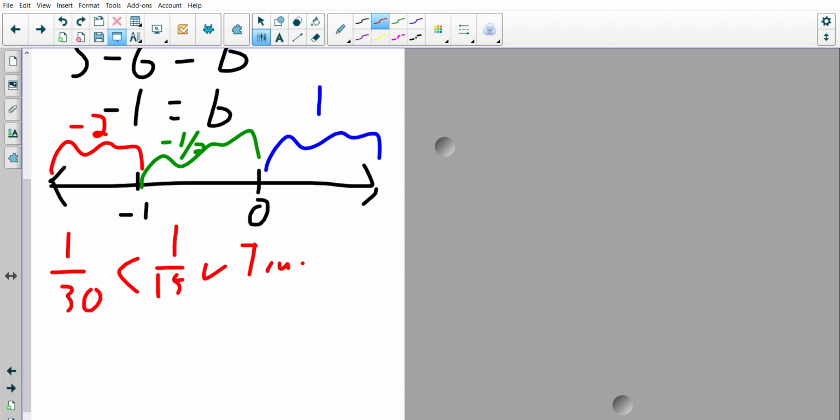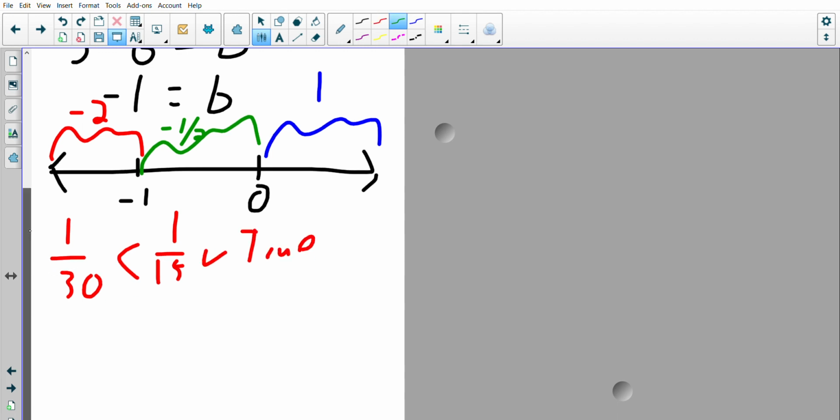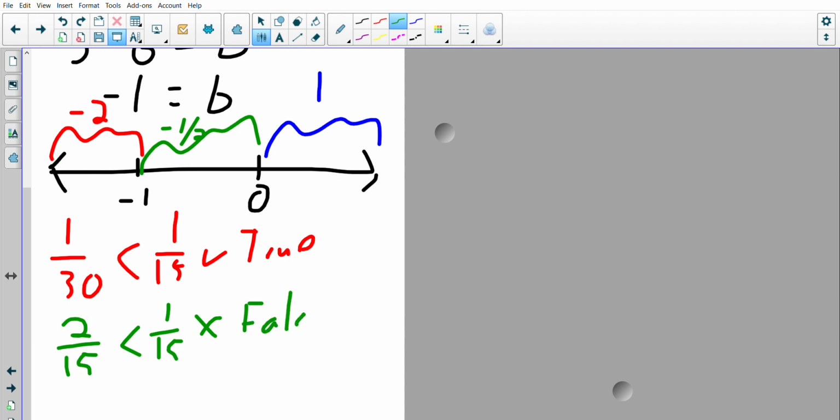In green, I end up getting 2/15 is greater than 1/15, that is false. And in the last one, I ended up with negative 1/15 is less than 1/15, so that is true.